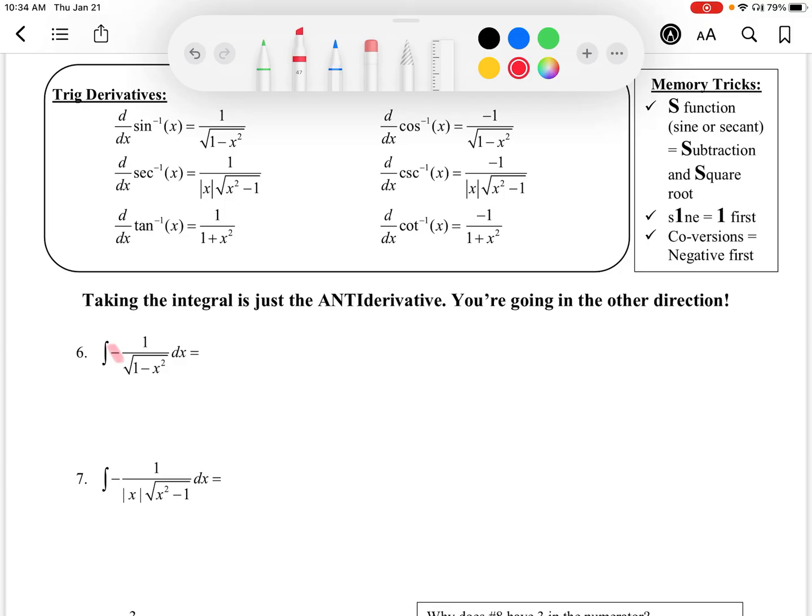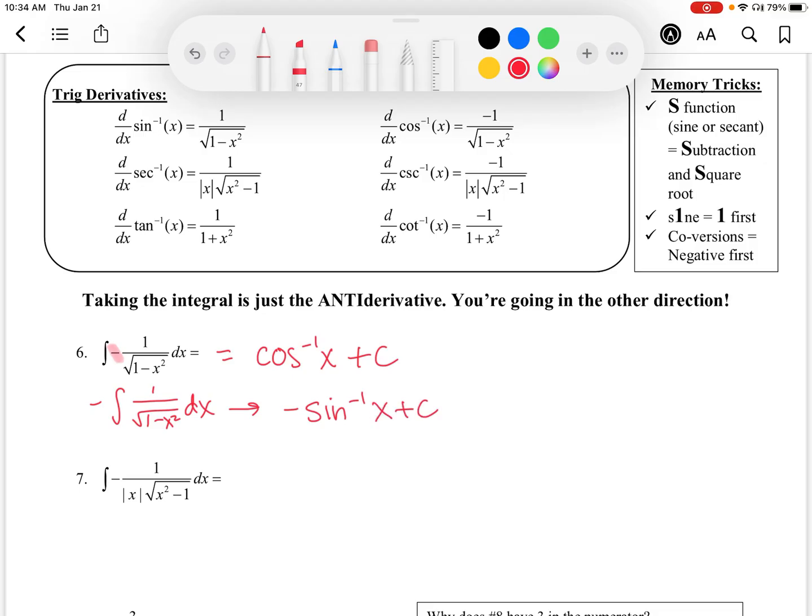So I'm going to write it as cosine to the negative 1 of x. Oh, you don't need the parentheses. And then put a plus c. Also, alternatively, you could pull the negative out. So then I just have the integral of 1 over the square root of 1 minus x squared dx. And that would be negative inverse sine of x plus c.